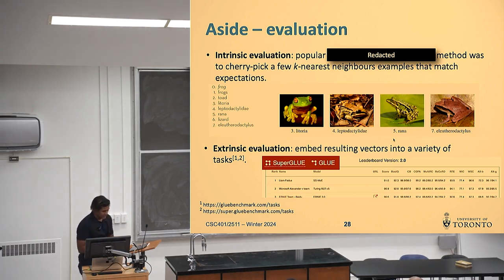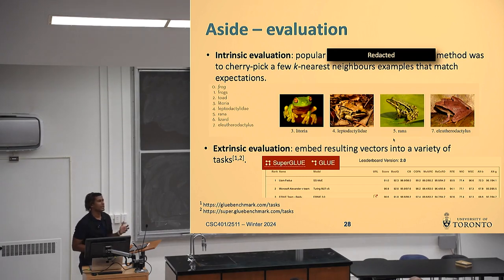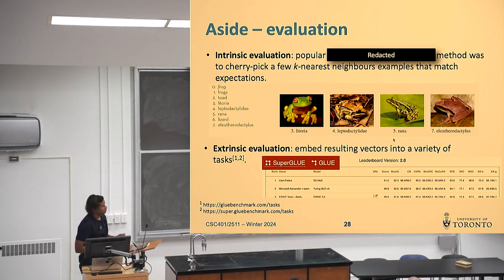The idea here is that we've been moving towards more standardized benchmarking in NLP. Before, it used to be intrinsic evaluation, where you cherry-pick some samples that gave really good results and present that. But now there's a more systematic way of testing the efficacy of these word embeddings.